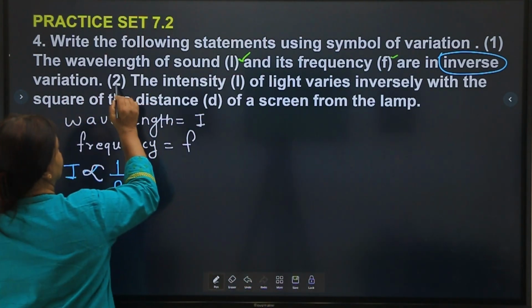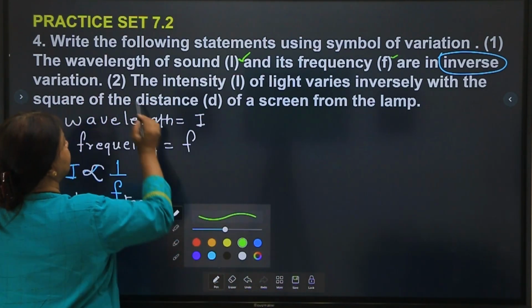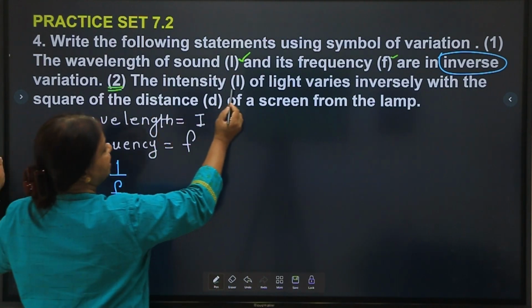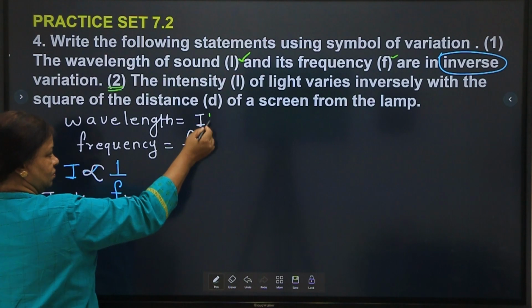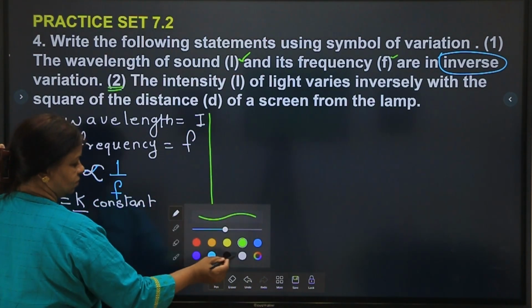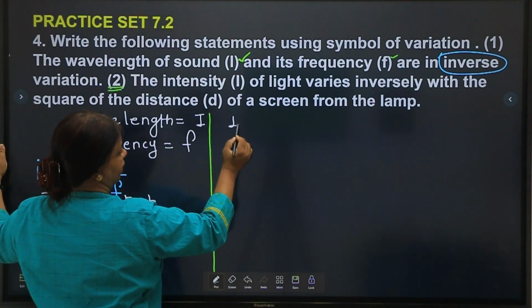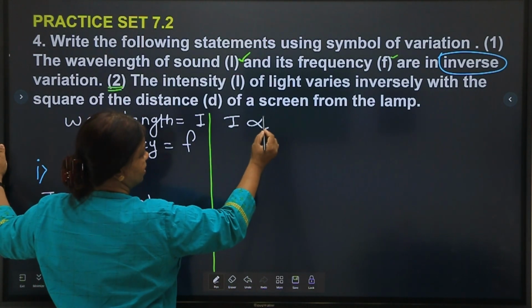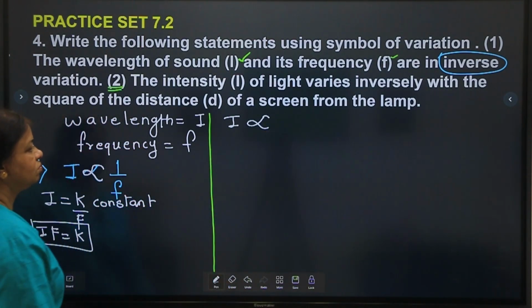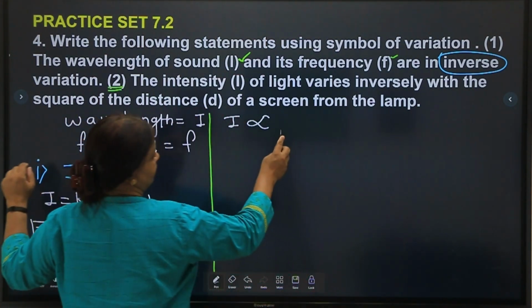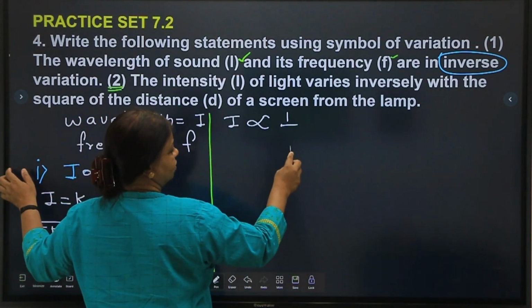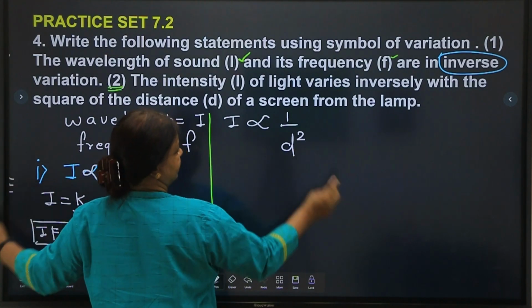Now the second one is this. The intensity I of light varies inversely with the square of the distance, 1 upon the square of distance.